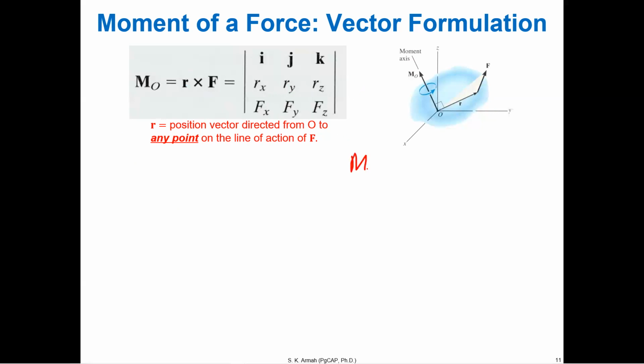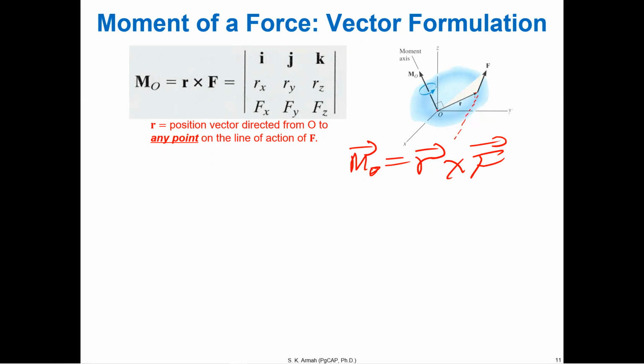The moment vector, vectorial, in 3D about this point, is given by what we call r cross F. So the moment of a force in 3D is r cross F. We know what F is. r is the point that you are taking the moment. In this case, you can take from A. You go from that point to anywhere on the line of action.